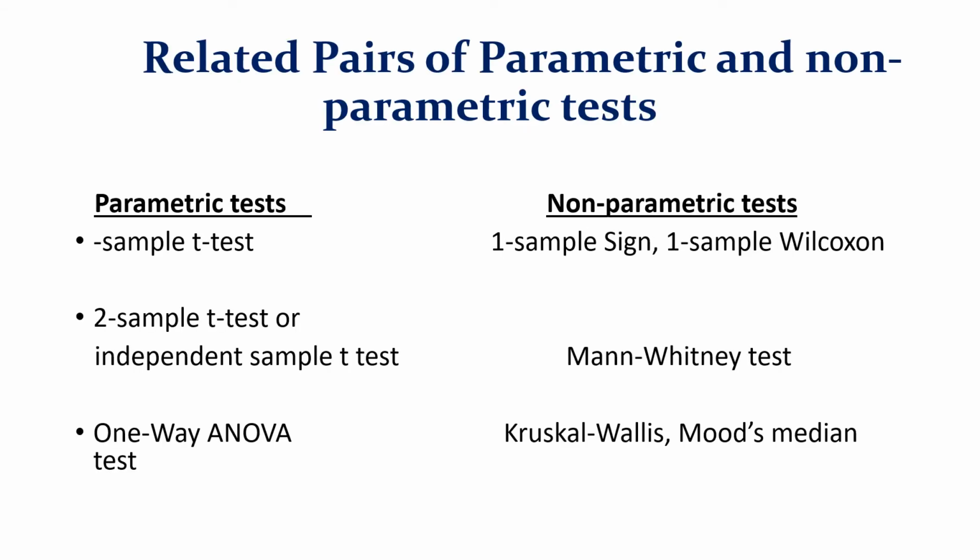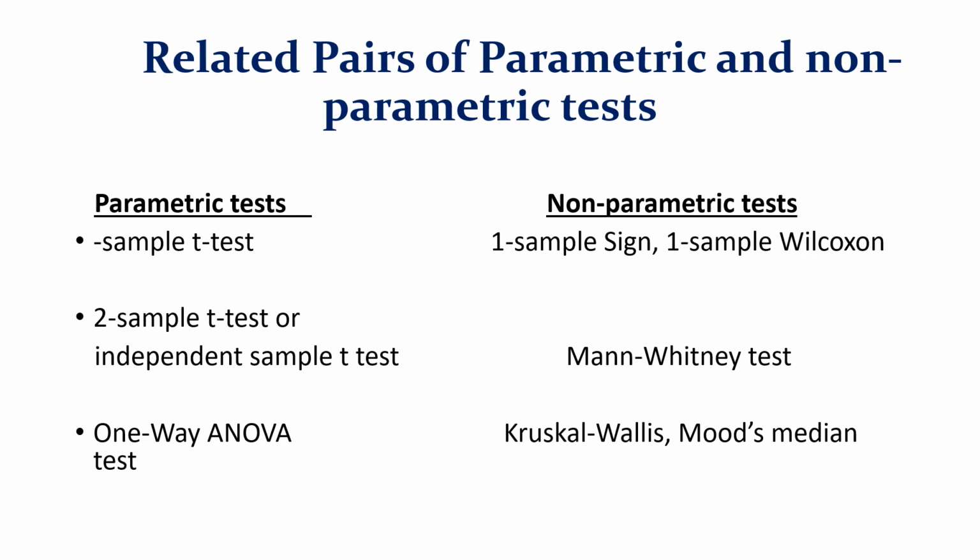Now these are the equivalent pairs of parametric and non-parametric test. These are some examples of parametric tests, like one sample t-test, two sample t-test or independent sample t-test, one-way ANOVA.